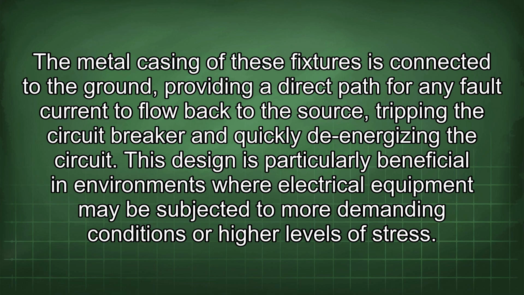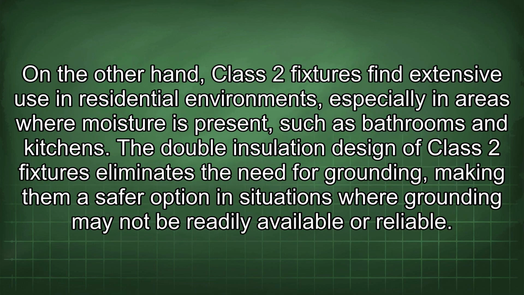This design is particularly beneficial in environments where electrical equipment may be subjected to more demanding conditions or higher levels of stress. On the other hand, Class 2 fixtures find extensive use in residential environments, especially in areas where moisture is present, such as bathrooms and kitchens. The double insulation design of Class 2 fixtures eliminates the need for grounding, making them a safer option in situations where grounding may not be readily available or reliable.